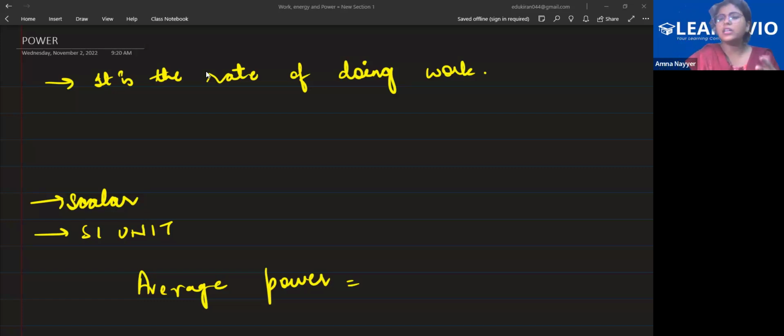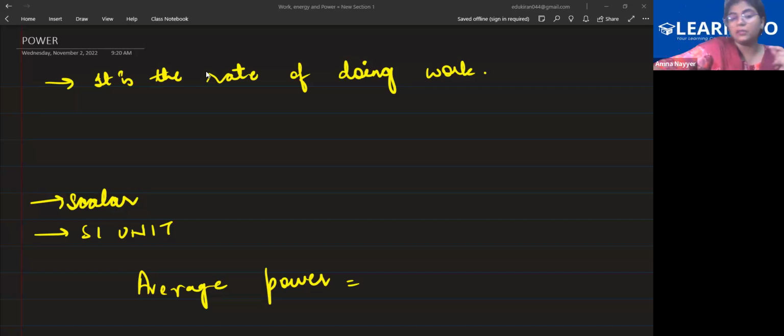So what is power? Work that we have studied. Work done is whatever force is being applied to cover a certain displacement, right? So it is the rate of doing work. Basically, work done per unit time.